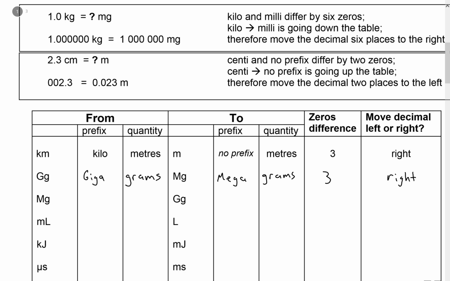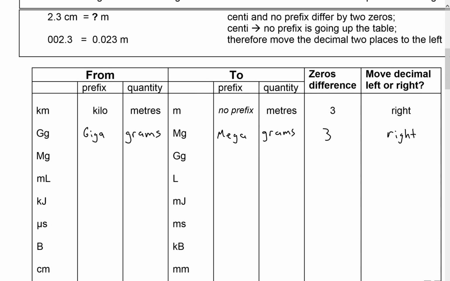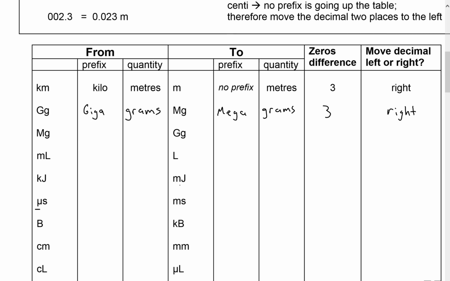All right, let's try another one where we're moving it to the left. Let's try this one here, microseconds into milliseconds. Now this symbol is kind of a cursive M. It's actually the Greek letter micro. So here, this stands for micro. The unit here is seconds.